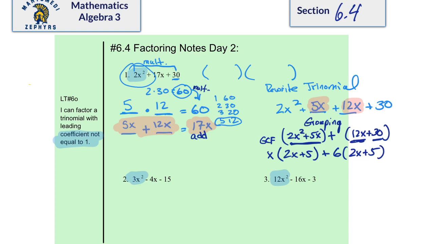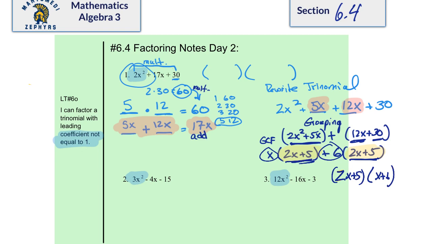Oh, and notice what happens. Powerful, powerful, powerful. We have another common factor. So I can take out the 2x plus 5 because it is common to both, and that's going to leave you with an x plus 6. And there you go.